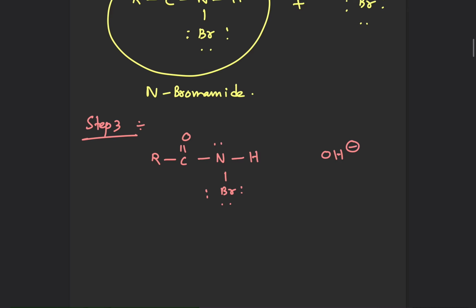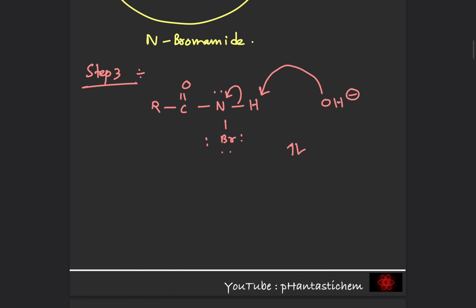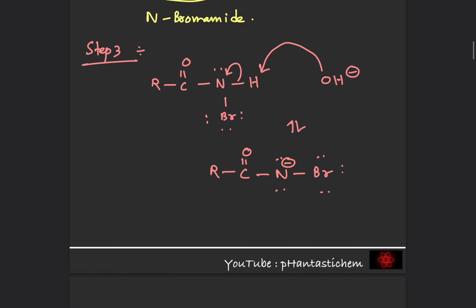The base will extract the N-H hydrogen, and nitrogen will take these sigma electrons in the form of a lone pair. So we will be left with RC double bond O, N with two lone pairs, Br and the negative charge on N, and a water molecule. This anion is known as bromamide anion.